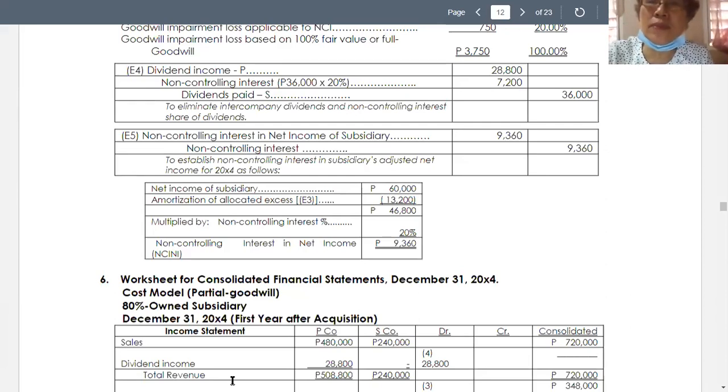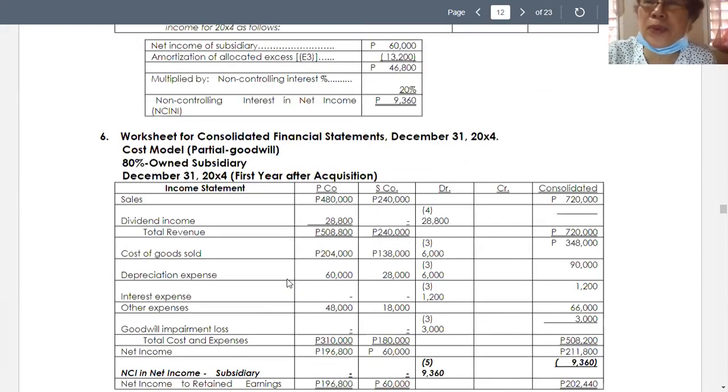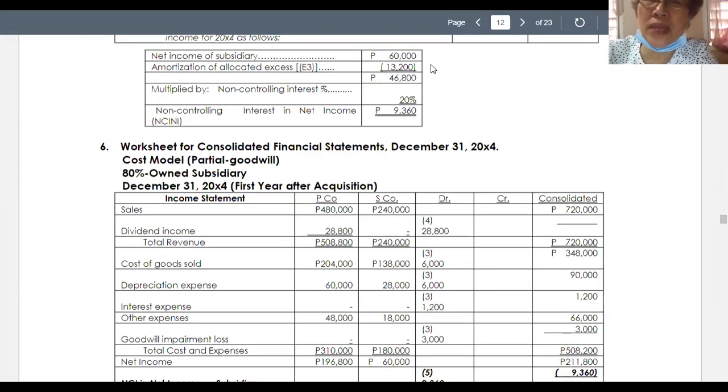The last requirement here is for your working paper. And the working paper that we have to prepare, actually the figures that you can find in the worksheet in requirement number 2, can be supported by the working paper figures.